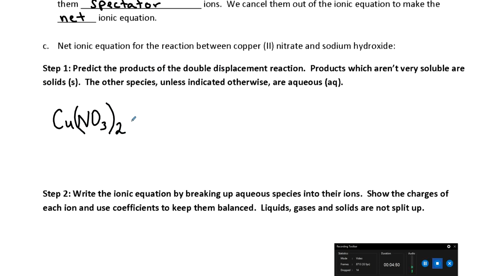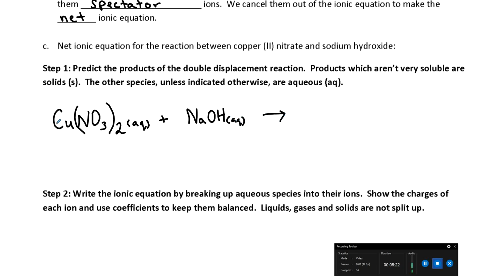Even if it doesn't say a solution of for both the copper 2 nitrate and sodium hydroxide, when you're doing these reactions, your reactants are always aqueous solutions. So you can just add that in right away so you don't forget about it. Sodium hydroxide is NaOH, +1 -1. Again, that's aqueous.